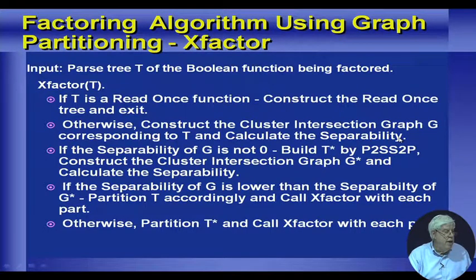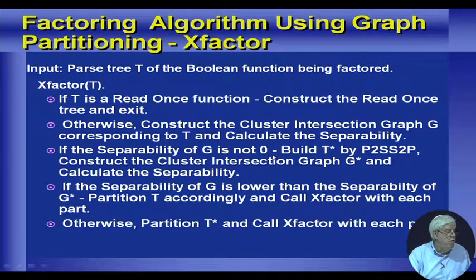So I calculate the best I can do of how to separate it. And if the separability is not 0, well, that means that the graph is connected, because if it was 0, you'd have 2 separate components. Okay?